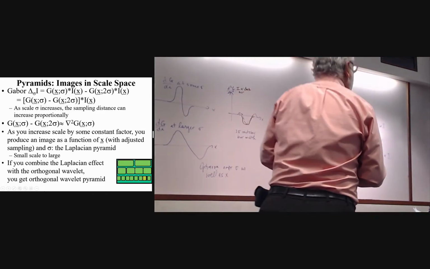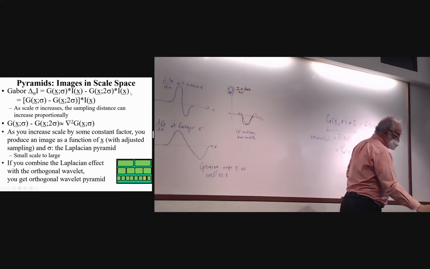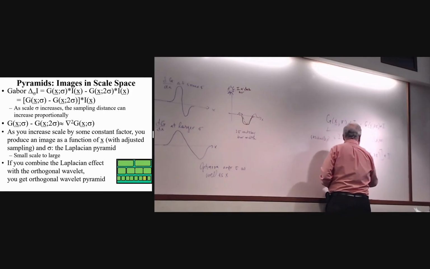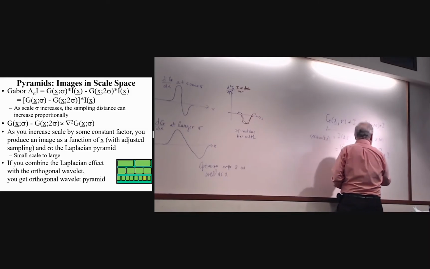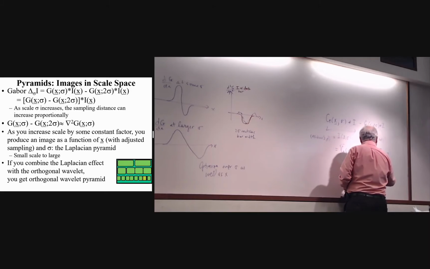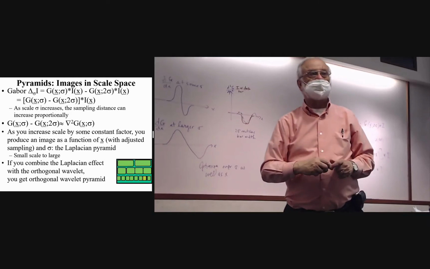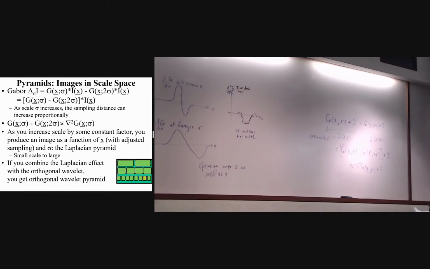But an interesting property is this property that I've shown here, that the difference between the Gaussian at 2 scales is approximately equal to the Laplacian of the Gaussian at sigma convolved with I. Well, that's pretty good, right?